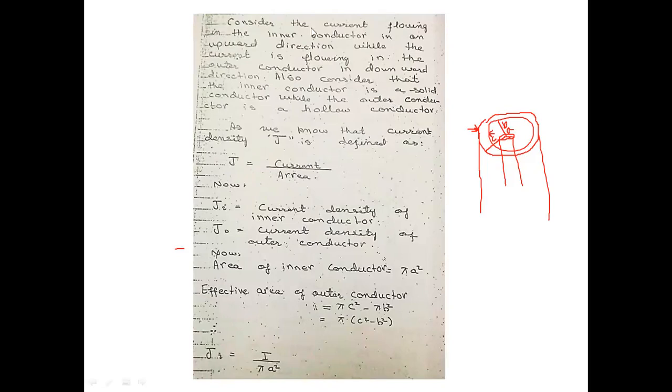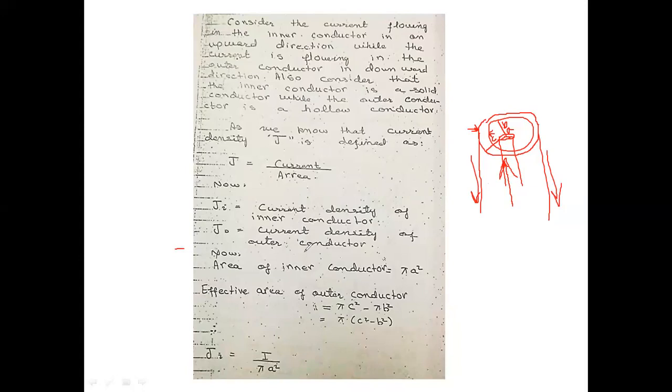As we have two conductors, remember that the current directions in these two conductors will be opposite to each other. For example, if the current through the inner conductor is in the upward direction, then the current through the outer conductor will be in the downward direction. So these two are in opposite directions.